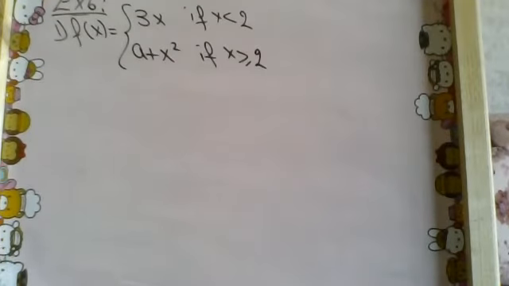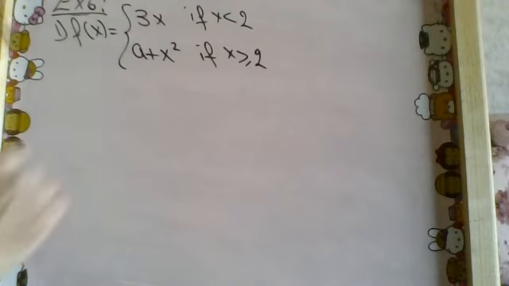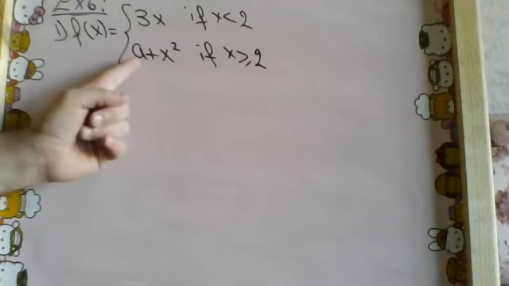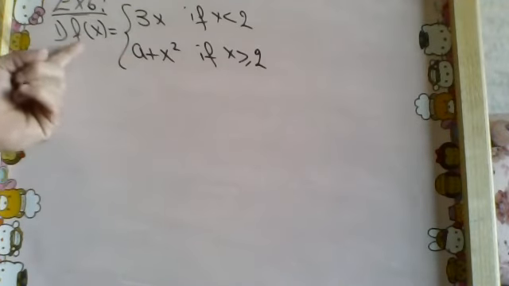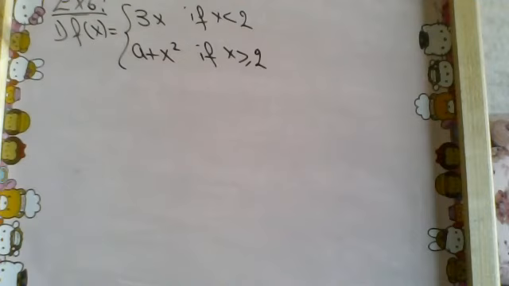We have to find the value of A in part 1, in which this function is continuous for all values of x.